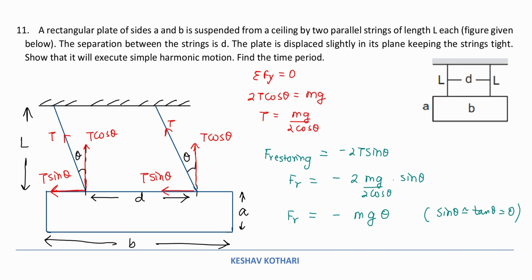So we can write that F restoring is equal to minus mg, and this small angle theta can be written as the arc length x upon L. So if I put F restoring equal to MA, then MA can be written as minus mg by L into x. So we can cancel m out and we get A is equal to minus g by L into x. A is equal to minus omega square x, where omega square is g by L.